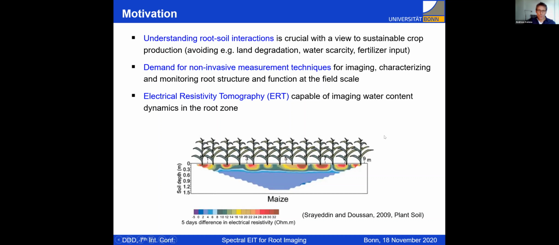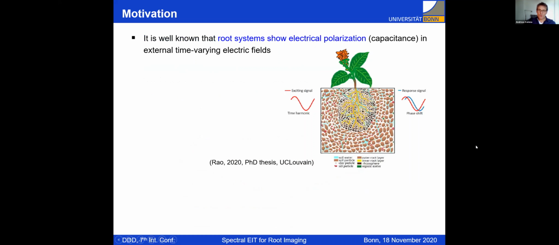One aspect with the electrical resistivity tomography method is that it shows less sensitivity to the root system itself. So if we address root zone questions, then it's mainly indirectly through water content. That's why the idea came up to, in addition to electrical conduction, so resistivity, also look at electrical polarization, physically meaning a capacitance of the root or the root systems.